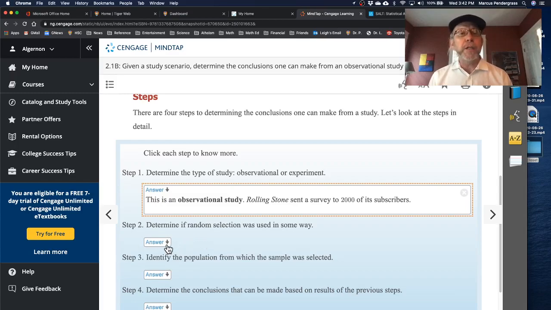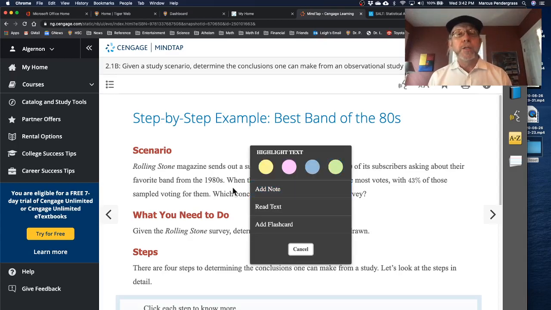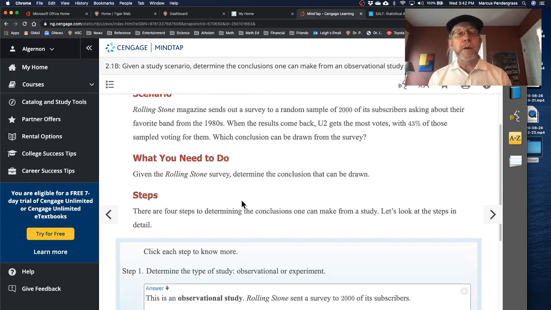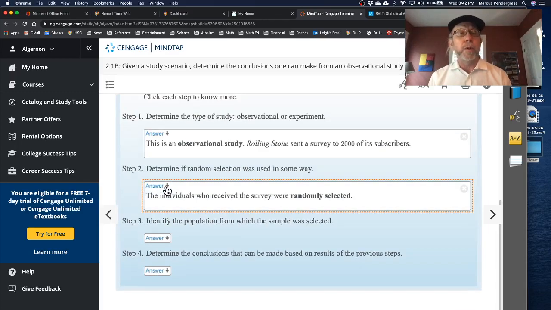How was random selection used? Well, they did say that they sent a survey to a random sample of 2,000 subscribers. So a random selection was made for the sample, and so that's going to mean that the results are generalizable.